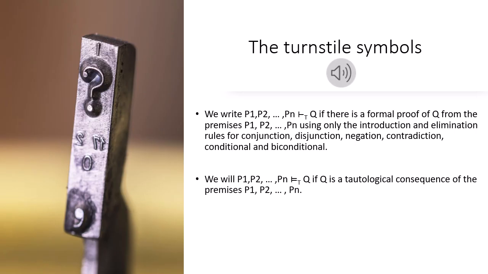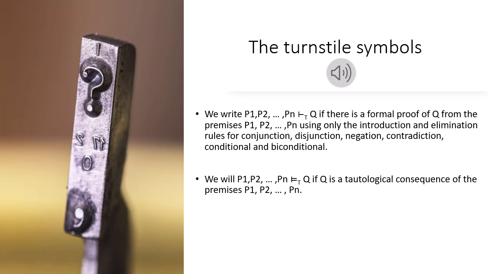in this format. Now, the other thing that you're seeing there is a subscript of a T on those particular symbols. And that's because we can also define these symbols for other types of systems and other setups that we'll look at later on. But for now, you can think about the T as just standing for either truth table or tautological. So the first is just a shorthand way of writing down the fact that there is a proof from your premises to your conclusion.